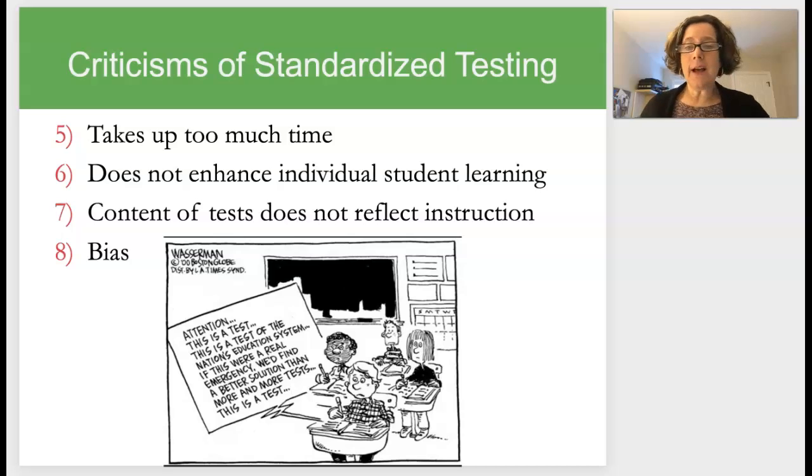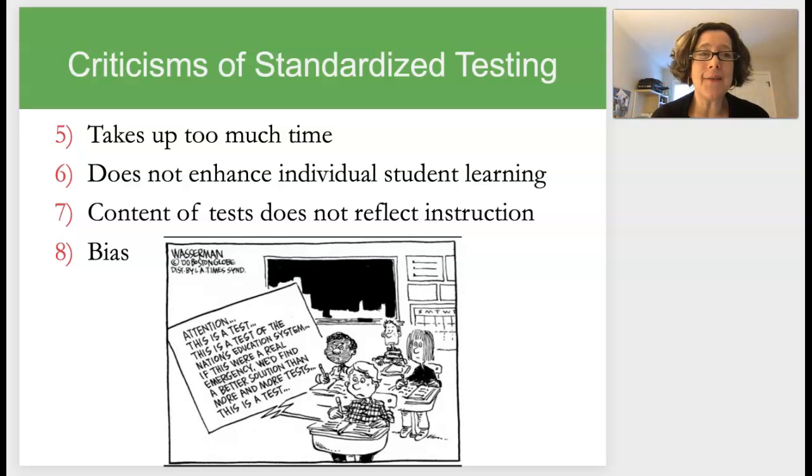And the content of the tests does not reflect instruction. So if I had a standardized test for you as 321 students, I would basically cover the material on the test. I would be really irresponsible if otherwise. So if we had a 321 provincial standardized test, I would teach to that test because I would want you to do well on it.